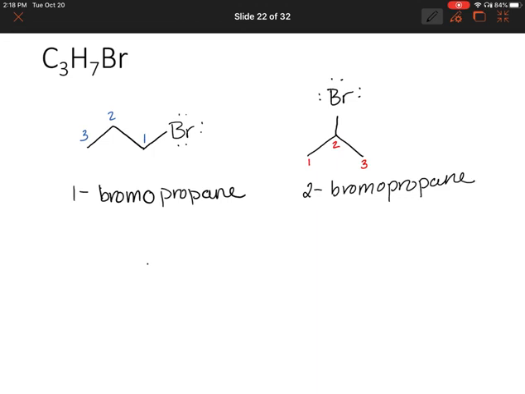Okay, so now let's try to figure out whether these molecules have stereocenters. So let's look at 1-bromopropane. Does that have any stereocenters? Another way to ask that question, do any of the carbons have 4 different bonds?